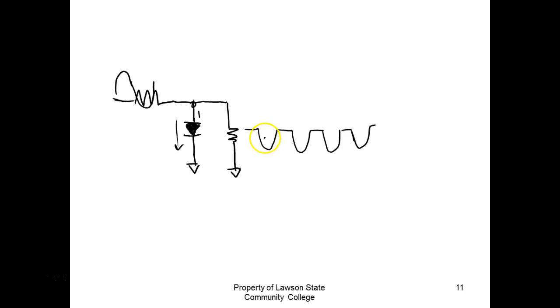So how do we calculate the average DC for something like that? Here it's going to be just VP because we're not going through a diode, right? VP over pi. Now that gives me my average DC voltage, right? You understand that?